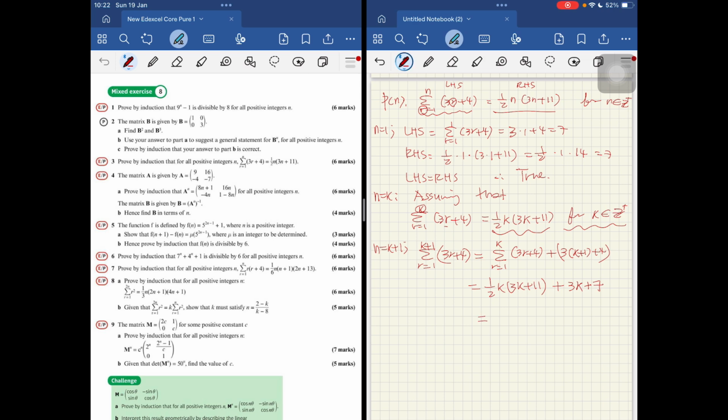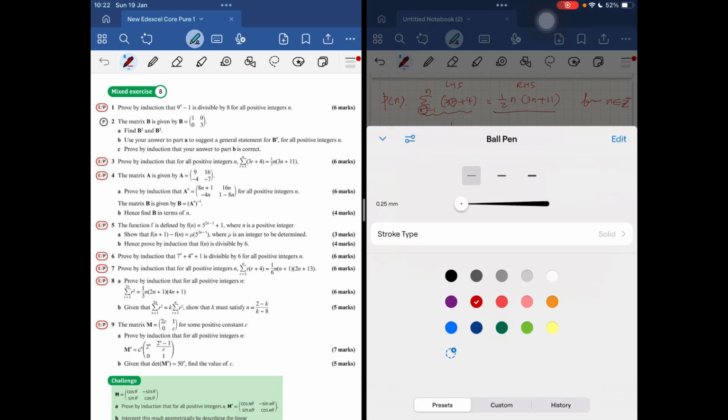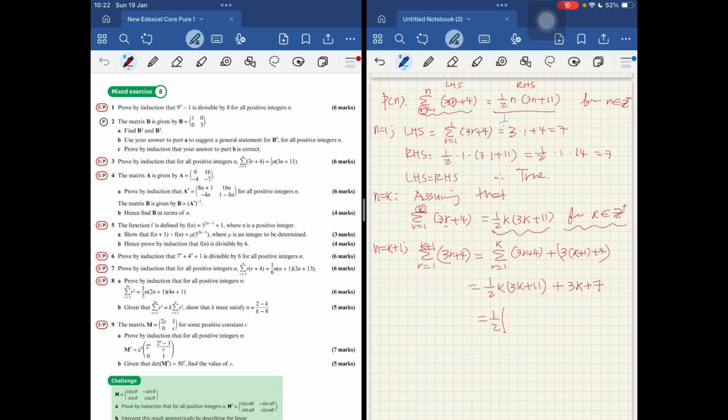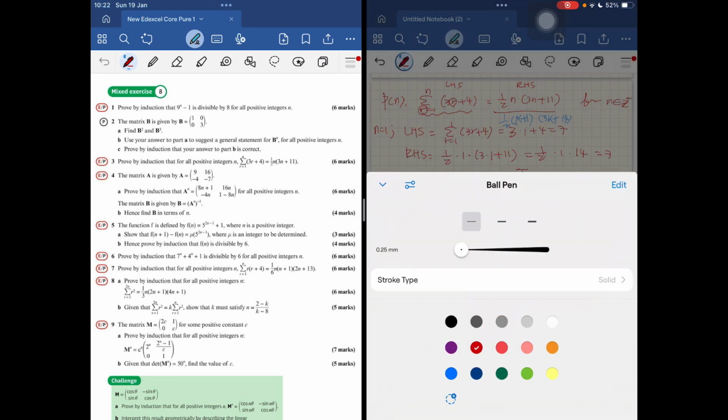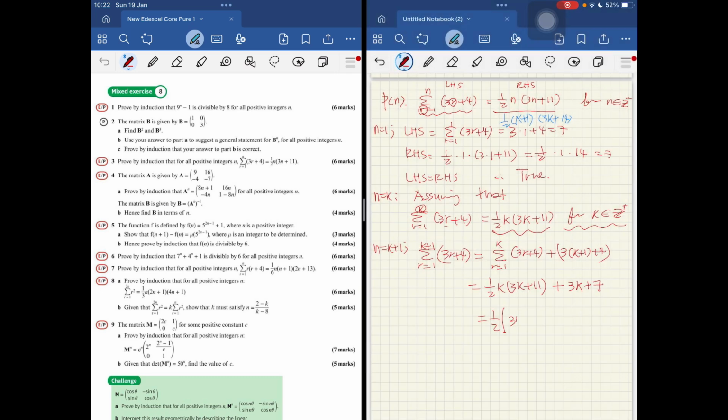So now I'll make 1 over 2, because even so, we are going to 1 over 2 (k plus 1)(3k plus 14) eventually. So we are going there. We need 1 over 2. So just let me make it 3k squared plus 11k plus 6k plus 14.